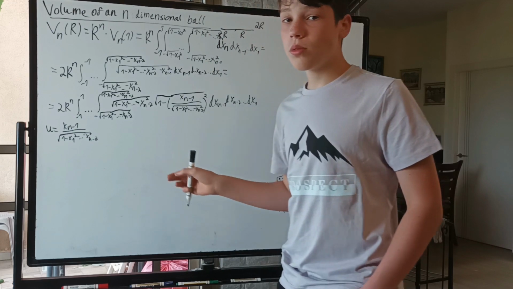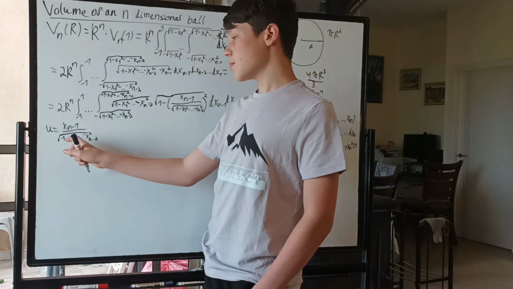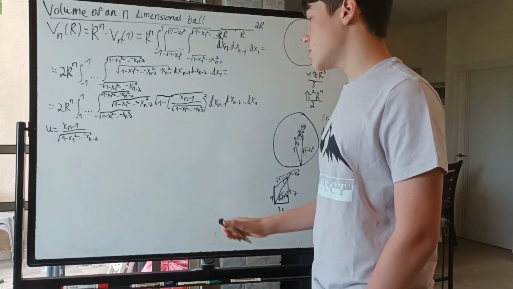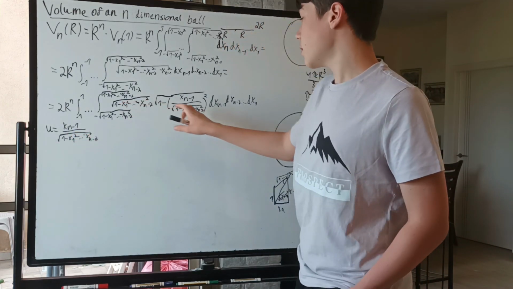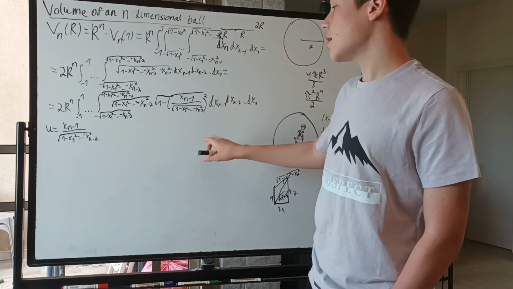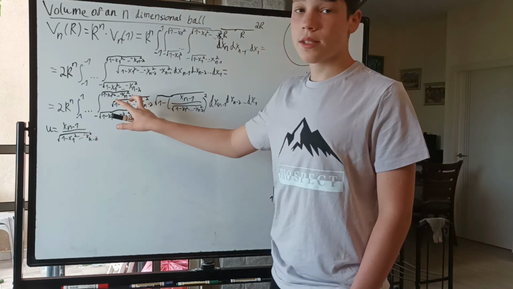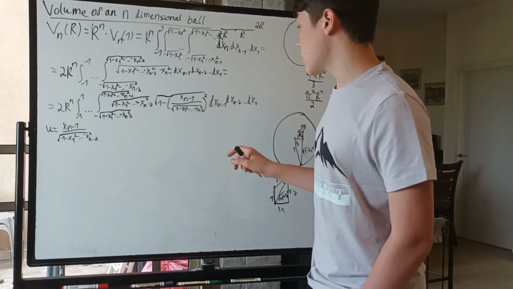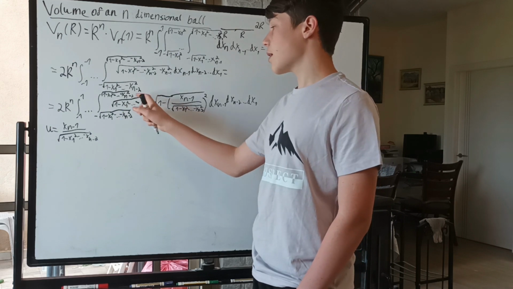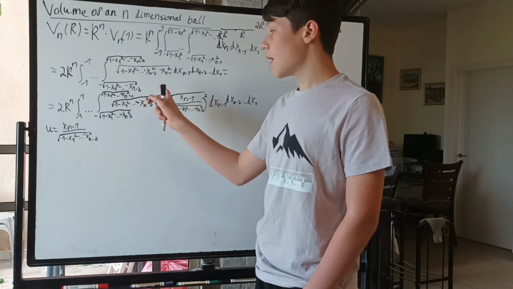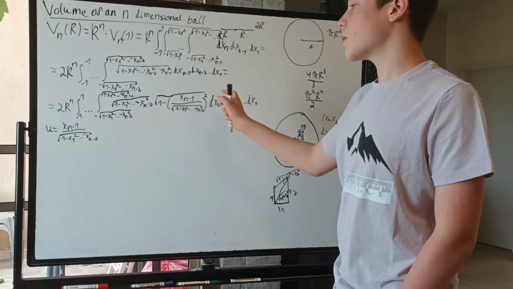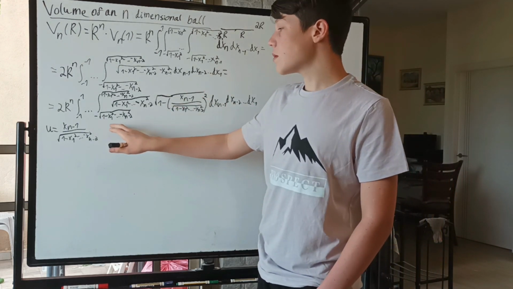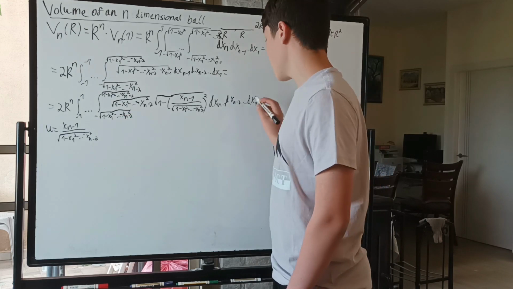And so du will be the same thing. It will be dxn minus 1 divided by this. So dxn minus 1 is du times this. So we'll have actually du times this square root and this square root. So this will turn out to be just squared, and the square will cancel out. Here we'll have just 1 minus u squared, and the bounds will change from just negative 1 to 1.